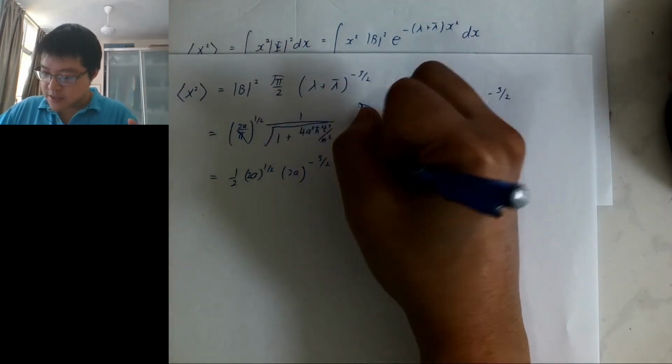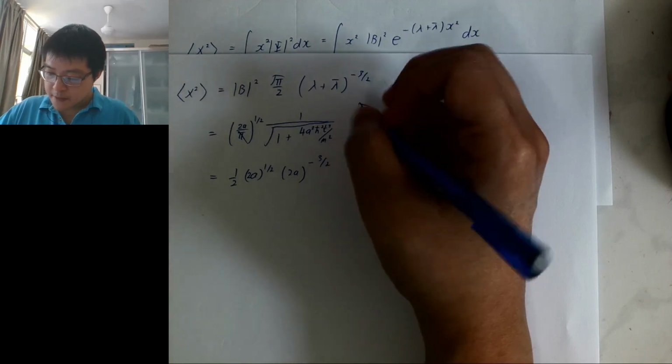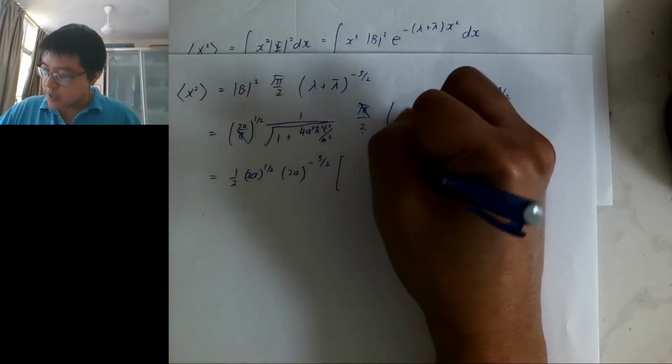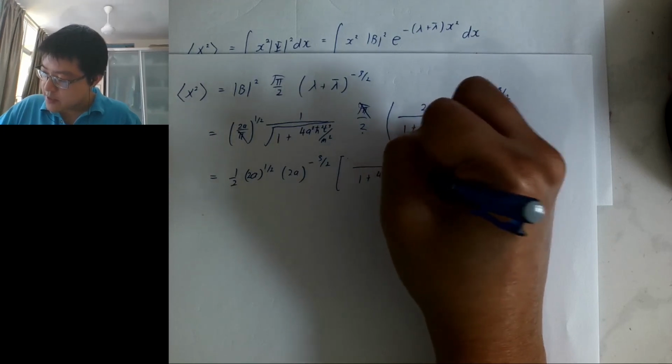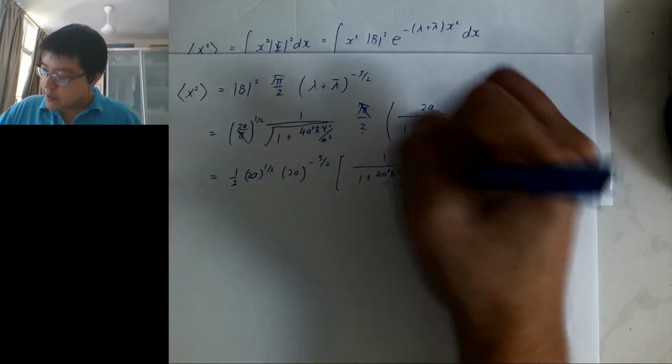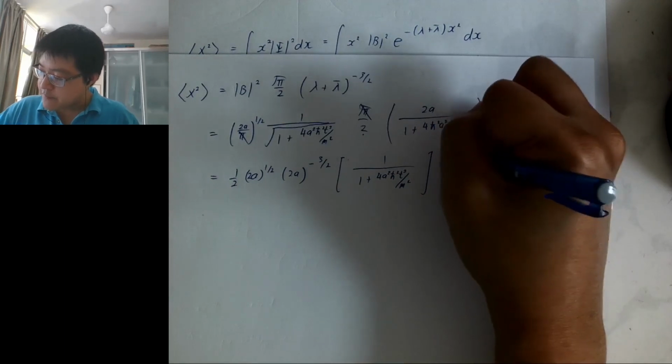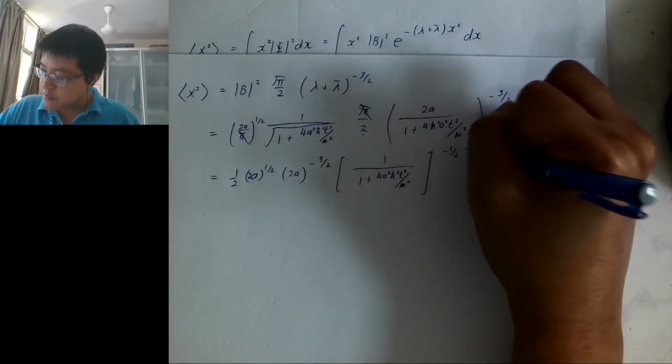So this thing is actually 1 over 1 plus 4a square h bar square t square over m square, to the power of negative half. This is minus 3 over 2.